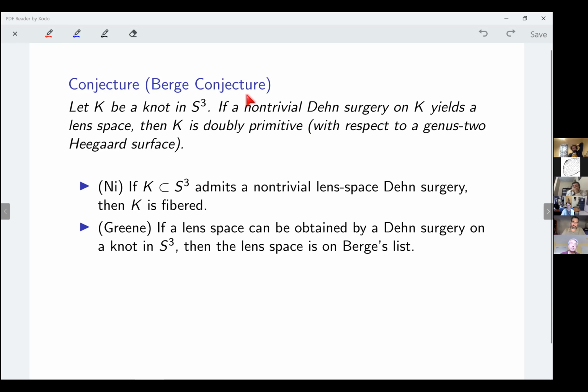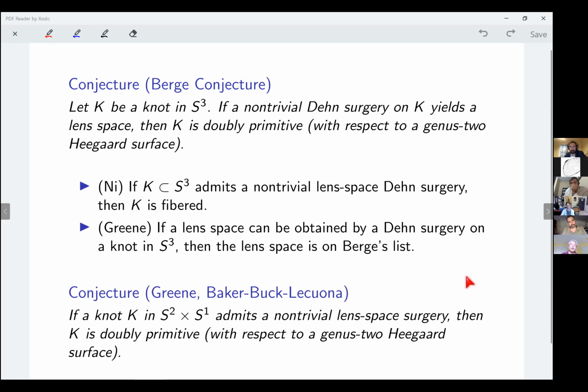Because all the Berge knots in Berge's list, I forgot to say, Berge compiled a complete list of several groups of knots, and he proved that they are all doubly primitive knots, and he also had a list of all possible lens spaces they can produce. And also my colleague Josh Greene proved that if the lens space can be obtained by Dehn surgery on a knot in S3, then this lens space must be on Berge's list.